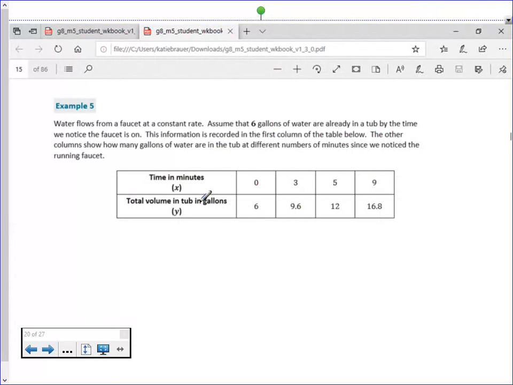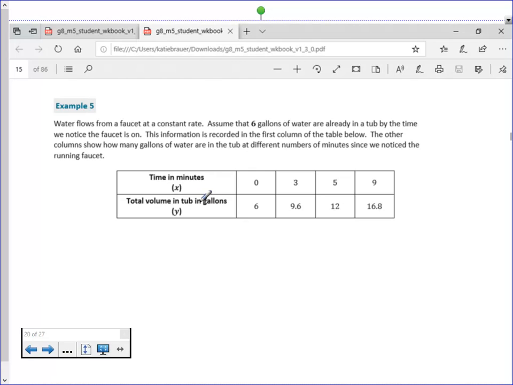Example 5, water flows from a faucet at a constant rate. Assume that 6 gallons of water are already in the tub by the time we notice that the faucet is on. This information is recorded in the first column of the table below. The other columns show how many gallons of water are in the tub at different numbers of minutes since we noticed that the faucet was running.